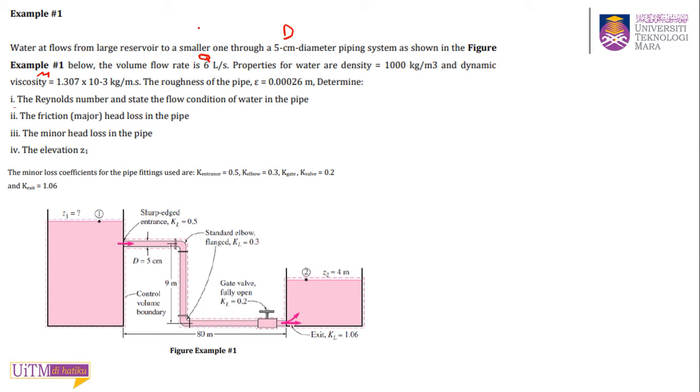The roughness of the pipe is 0.00026, so this is your roughness. Determine the Reynolds number and state the flow condition of water in the pipe. Anyone want to guide me how we can find the Reynolds number?